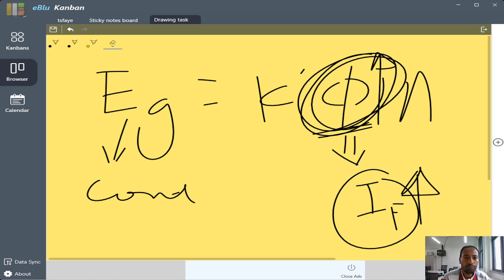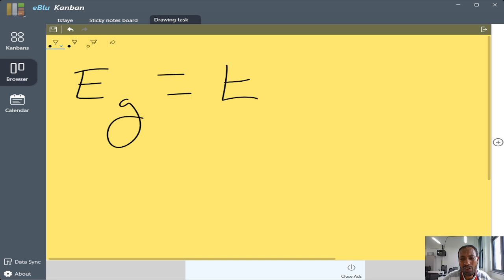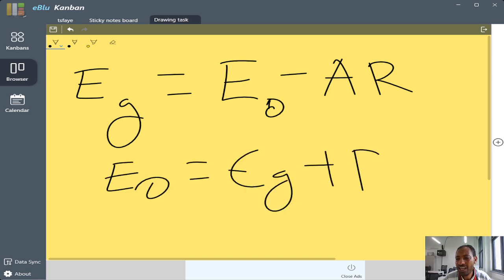Normally our EG, the internal generated voltage, is going to be the no load voltage minus armature reaction. In another term, our no load voltage is going to be the internal generated voltage plus armature reaction.